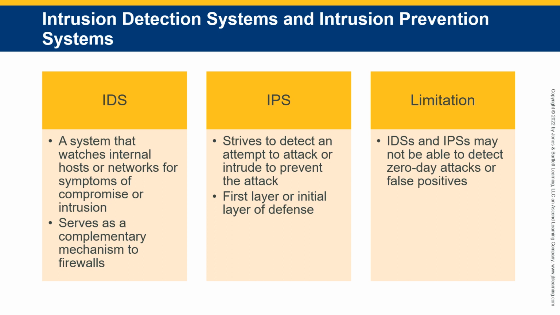We have IPS out there, and this is kind of like a mechanism that strives to detect an attack, and then it actually acts to prevent an attack. It becomes the initial layer of defense because once you detect it, it can initiate what's called a kill chain, and it provides a way to stop that traffic from coming in. So IDSs and IPSs may not be able to detect things that they are not aware of, such as zero-day attacks.